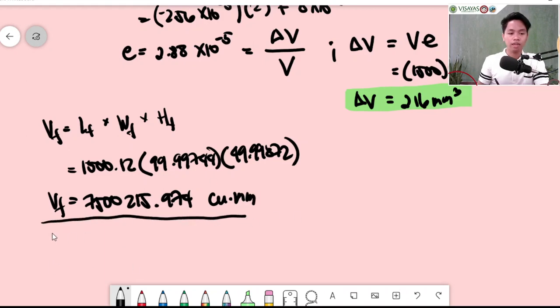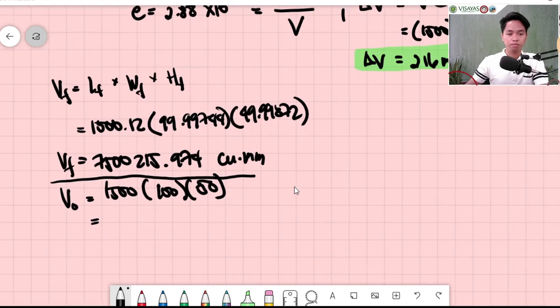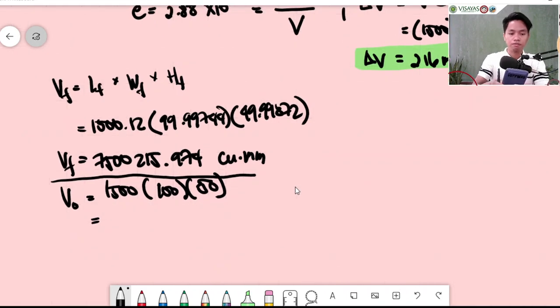Now, what is the initial volume or the V0? That would be 15 multiplied by 100 multiplied by 50. So what is our initial volume? So 15 times 100 times 50, that is equivalent to 7,500,000 cubic millimeter.